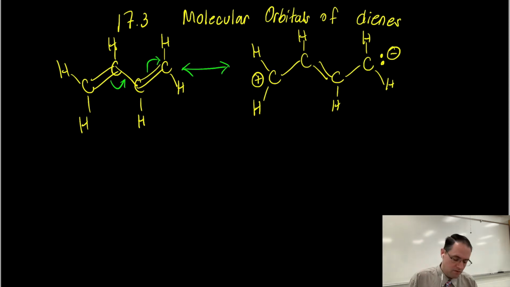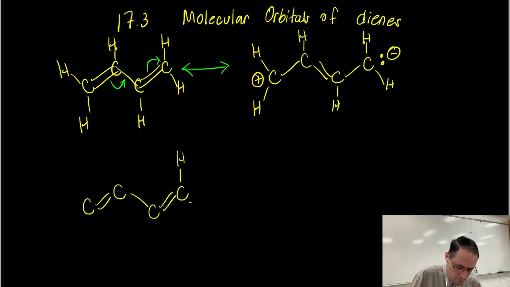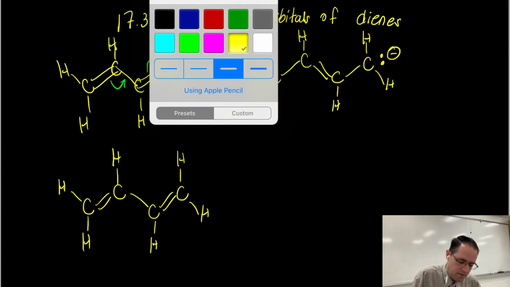We can also take the diene system here and move electrons to the right. To the left. So let me draw the starting structure here with all of the hydrogens so we can very carefully see what happens to the octet of these different atoms.